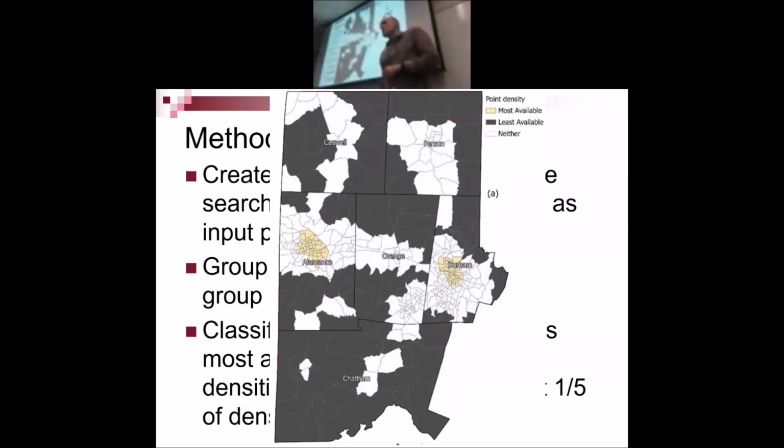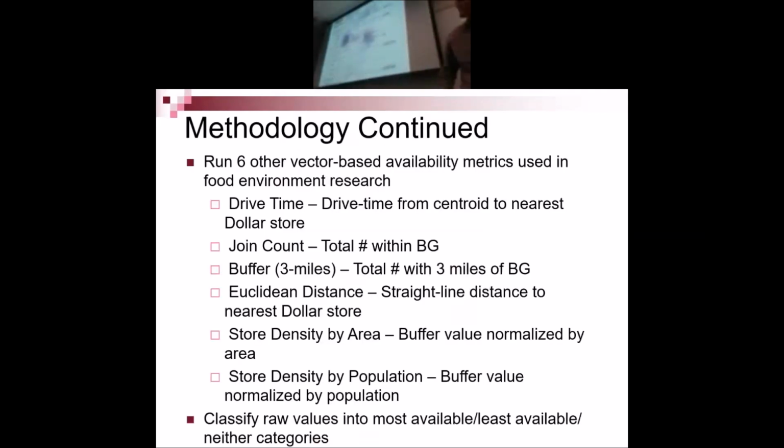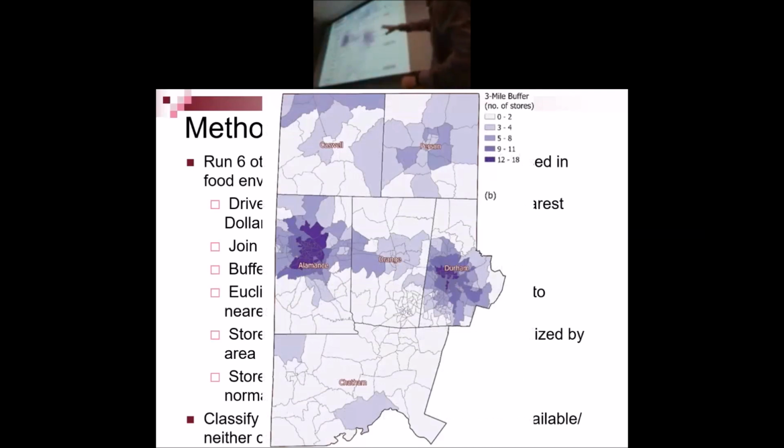And so we can start to group these by most available, least available, quintiles. And quintiles hopefully start to ring a bell with us because these are things we talk about with two-tailed t-tests and ANOVAs. And I know, we're kind of getting out of sorts a little bit because I made another map here. And this is the number of stores within 3 miles. And so this block group has between 12 and 18 Dollar Generals within 3 miles of this right here.